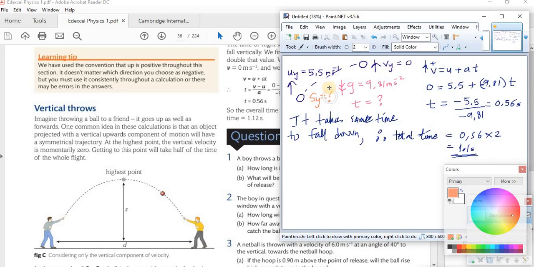This is what we are supposed to find, sy. Again we can see which equation has these 4 quantities. The equation that has all those quantities is s equals ut plus half at squared.